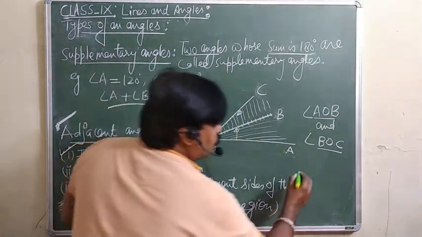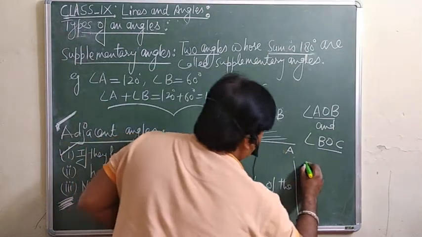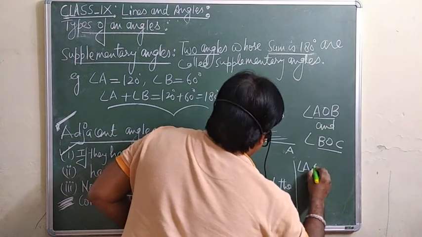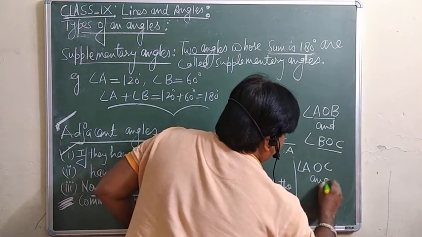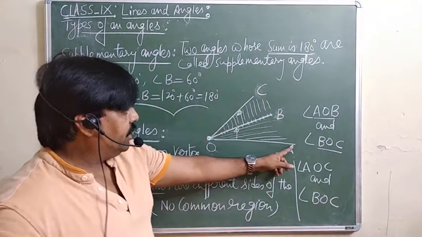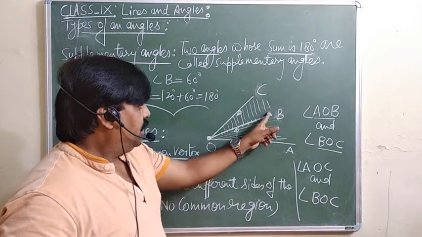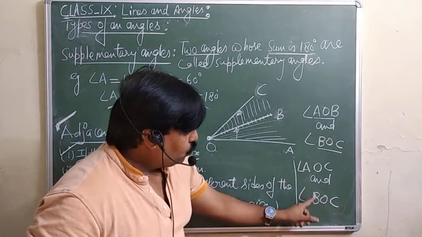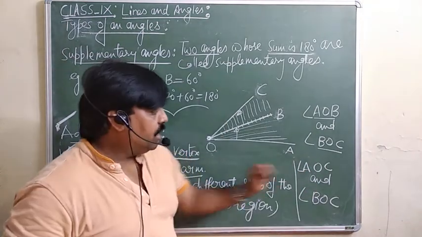But instead of this, suppose you are taking angle AOC and angle BOC. Now these two angles are not adjacent angles. See how.